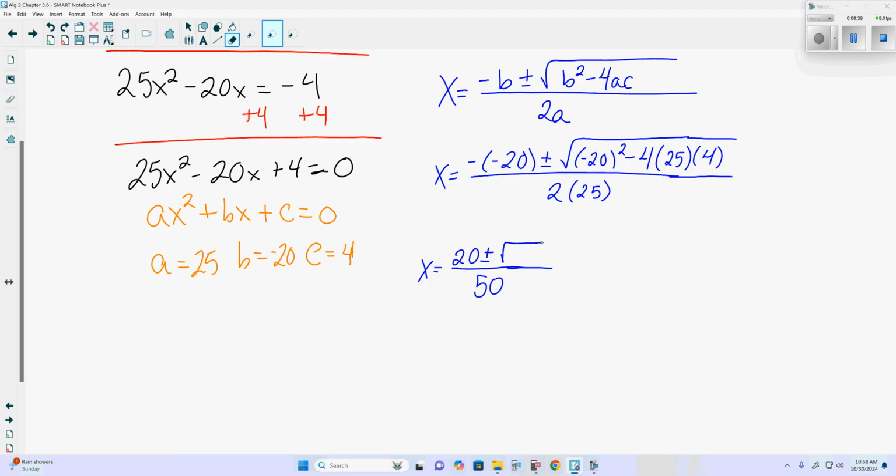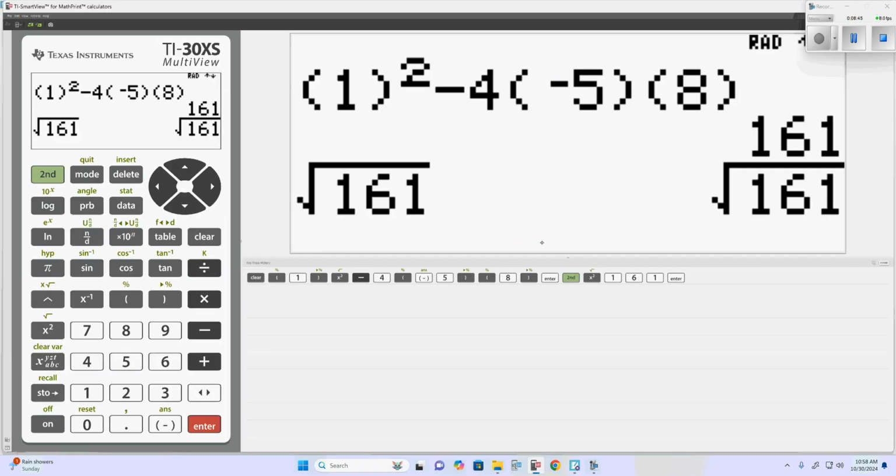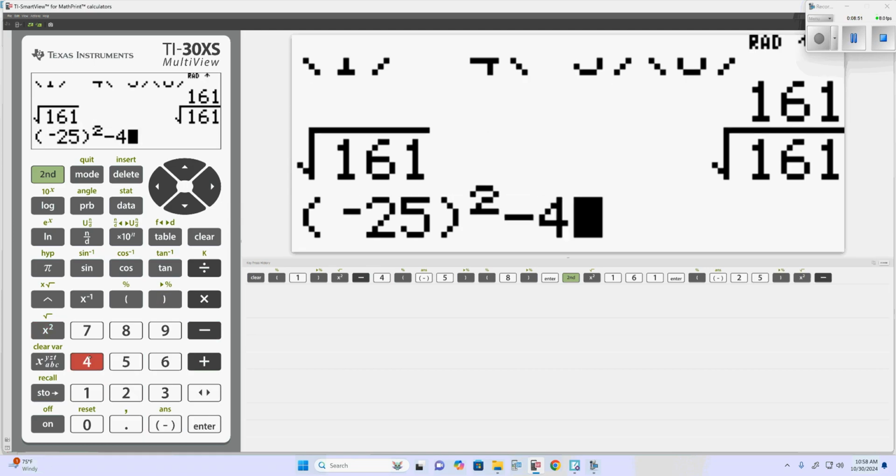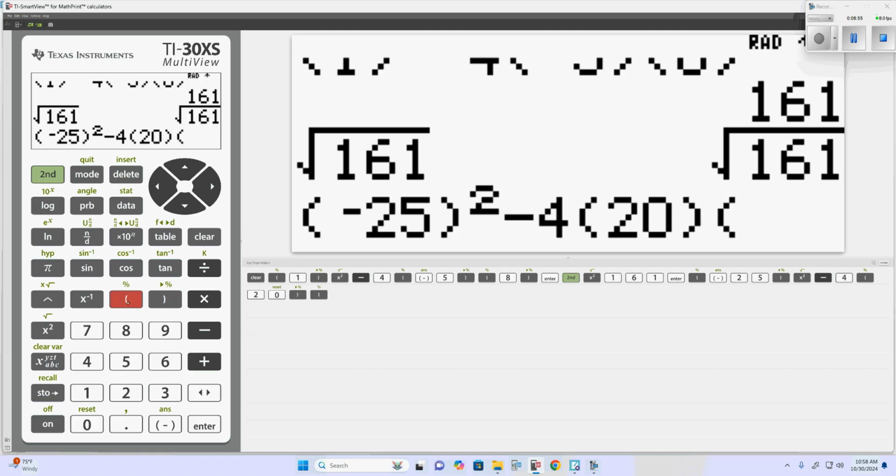Now we need to figure out what goes inside the radical, because we have negative 20 squared minus 4 times 25 times 4. Wait, did I flip the 20 and 25? Yeah.